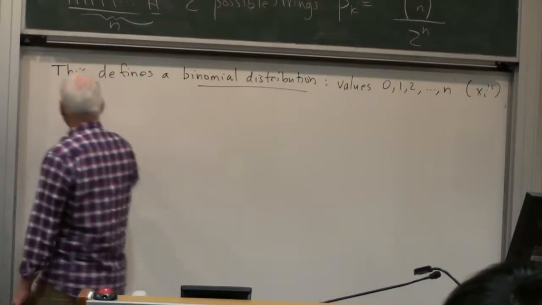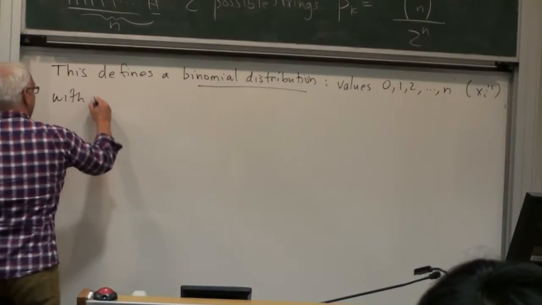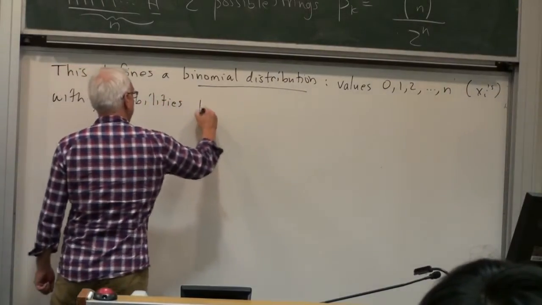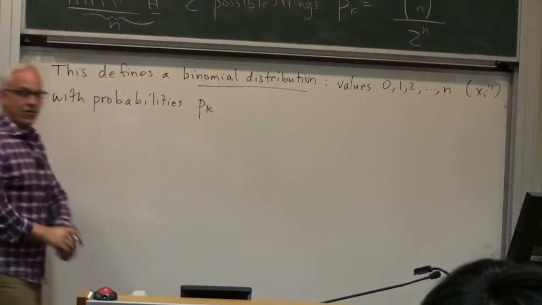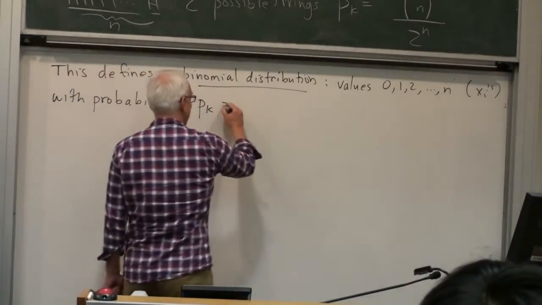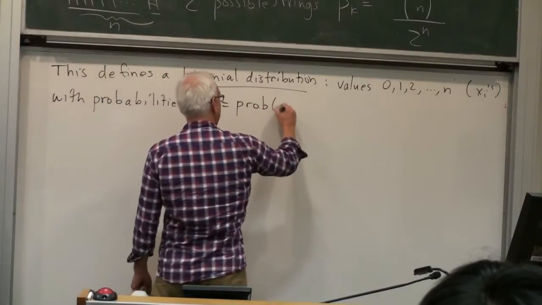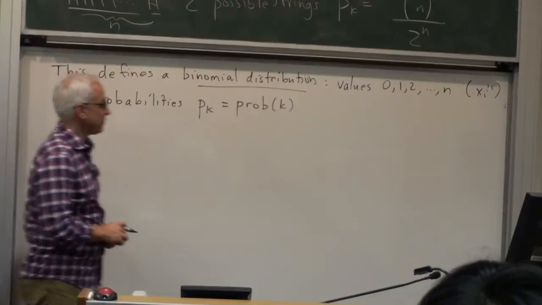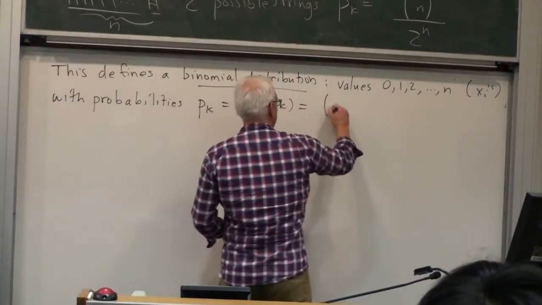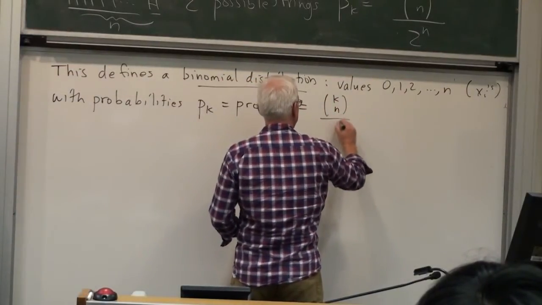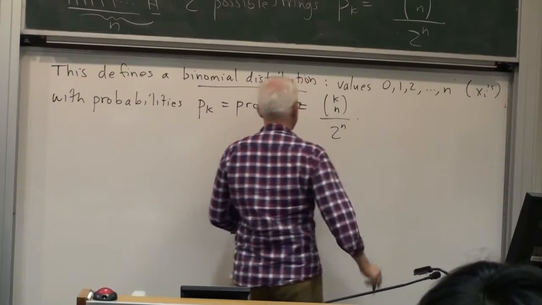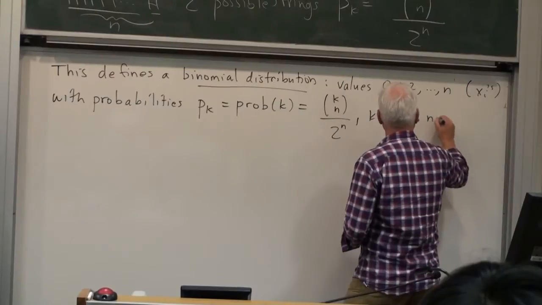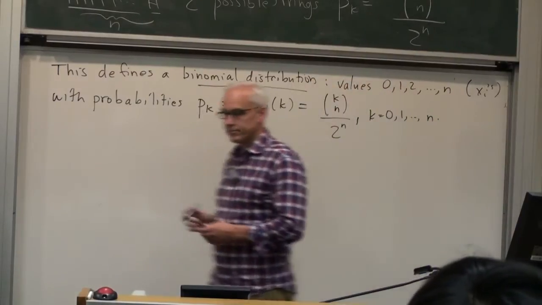And the probabilities are given by these p sub k's. So p sub k is the probability of getting an outcome k. And that's k choose n over 2 to the n. And there's one such for each number from 0 to n.